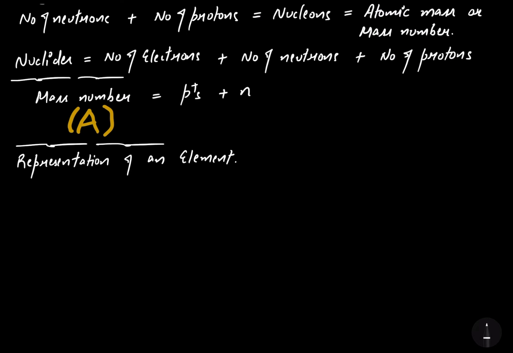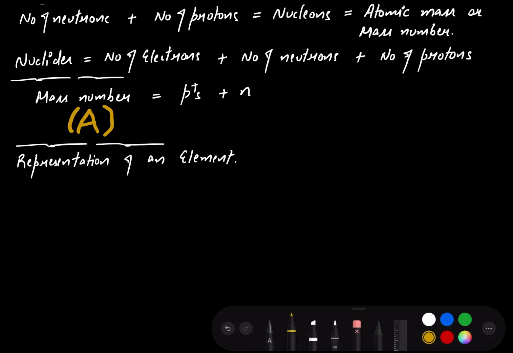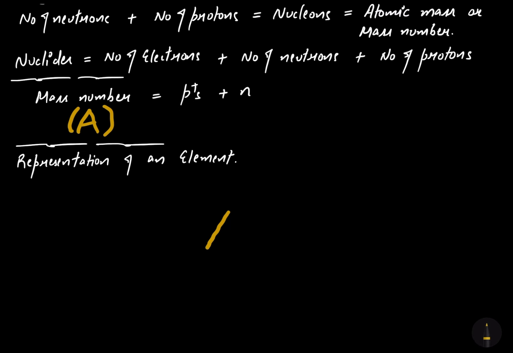Let's first have a demo element X. In the X, the mass number is represented at the top left corner, that means A over here, and the atomic number is mentioned at the bottom left corner, that is Z over here.